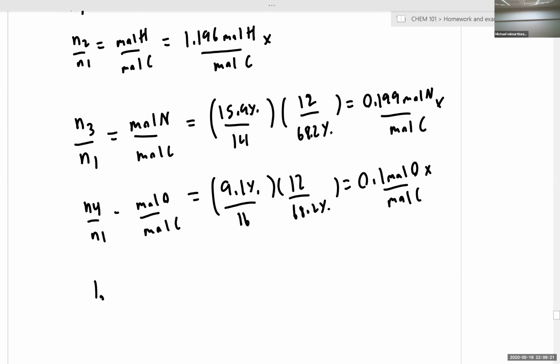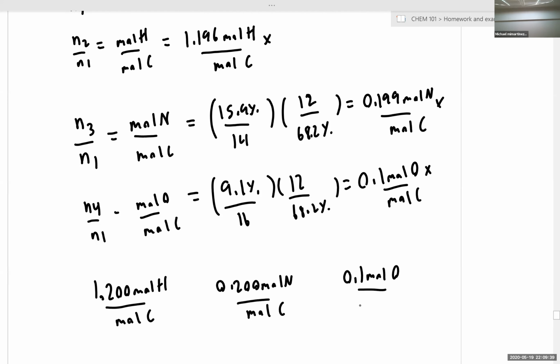So if we have 1.200 moles of hydrogen per mole of carbon, we have 0.200 moles of nitrogen per mole of carbon, and we have 0.1 moles of oxygen per mole of carbon.